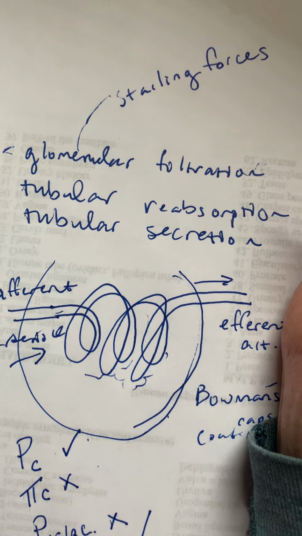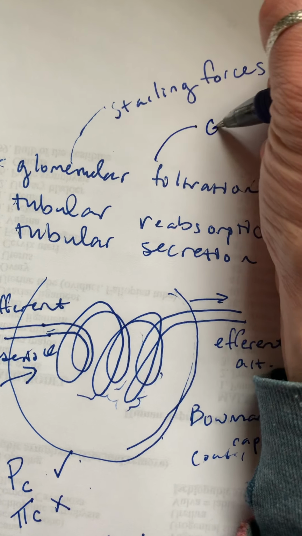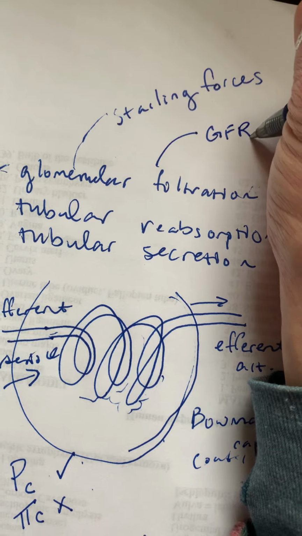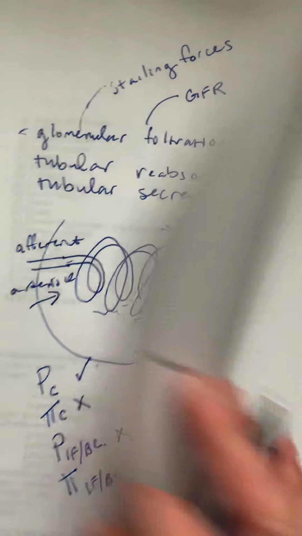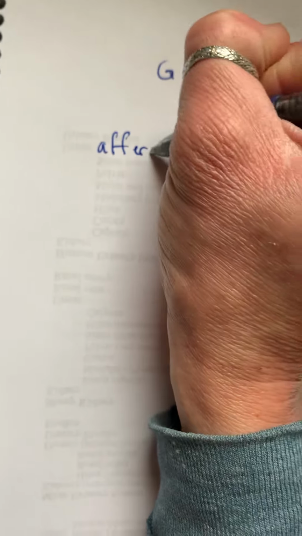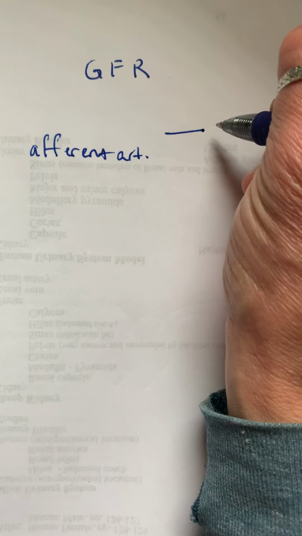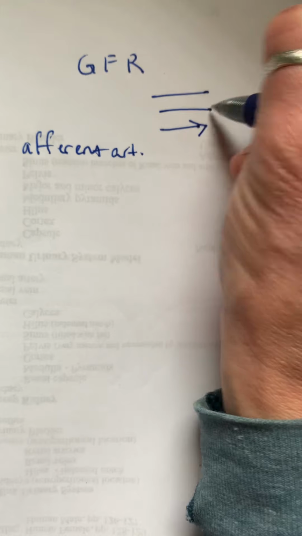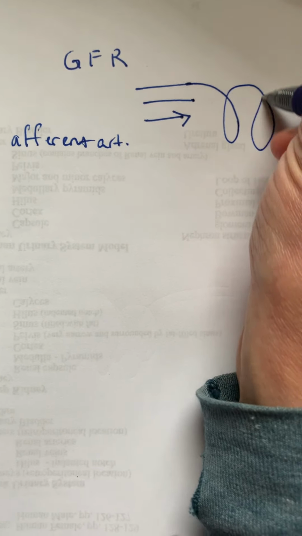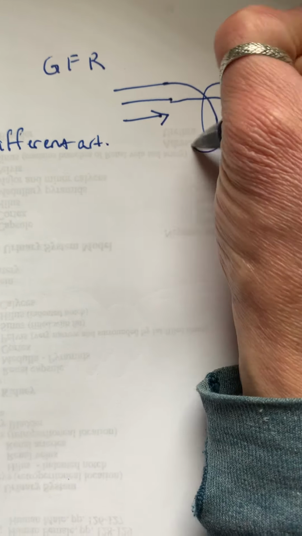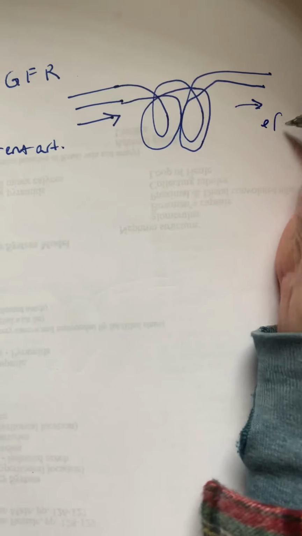The other thing you want to understand is what influences glomerular filtration rate. With glomerular filtration rate, we're going to use our afferent arteriole to either increase or decrease the amount of blood going towards our glomerulus. Here's my afferent arteriole, bringing blood into the glomerulus, and this is the efferent over here.